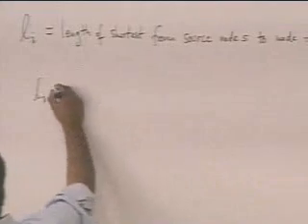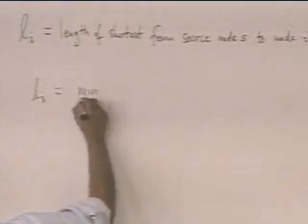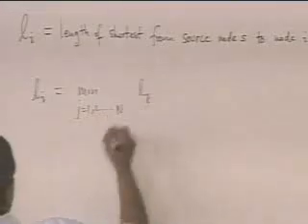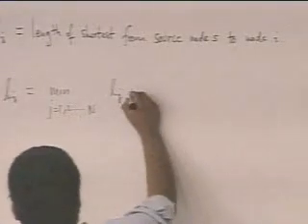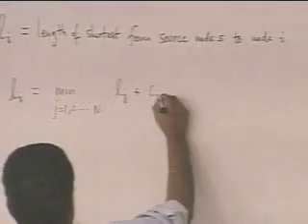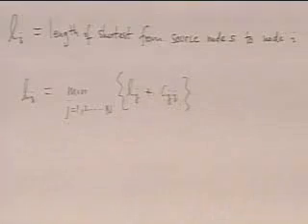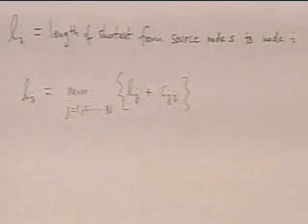There's no stages here. All I'm saying is that L sub I should have come to this node from some node. I could have directly come from the node S, or I could have come from some other node. So L sub I is in fact equal to the minimum over j taking values 1, 2 up through capital N of the shortest path up to node j plus the jump C_ji from j to I. It's just simply saying if this is the shortest path, then it must satisfy that equation.